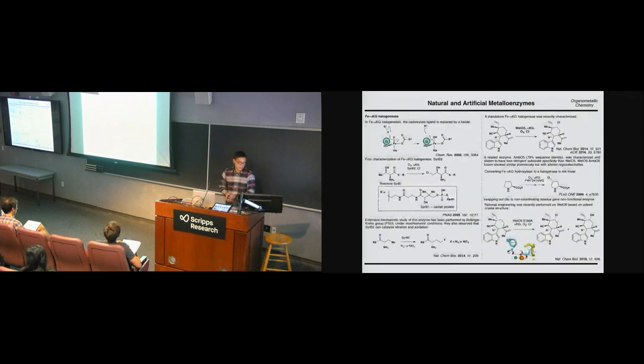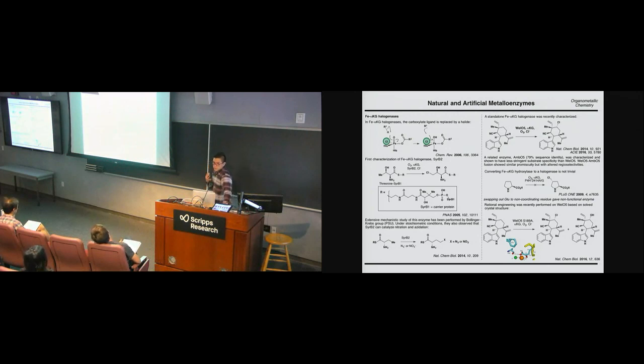I also would like to highlight a different type of reaction that can be catalyzed by the alpha KGs. There are actually a small subset of the alpha KGs that can perform halogenation. In this case, the iron binding motif is a little different. Instead of a carboxylate, you would have an alanine or a glycine in the active site.